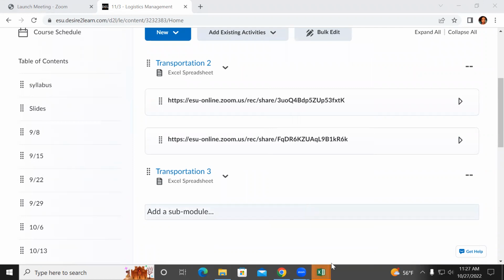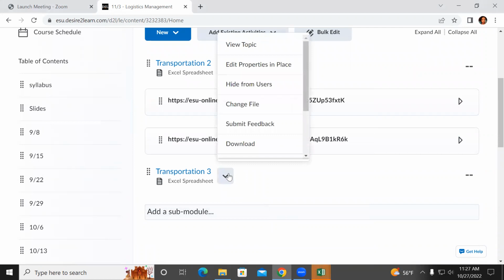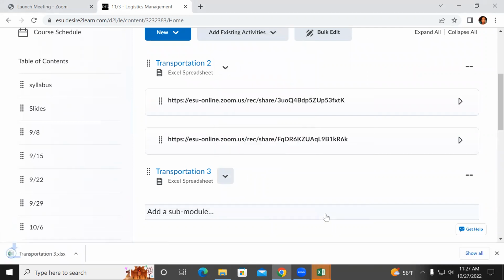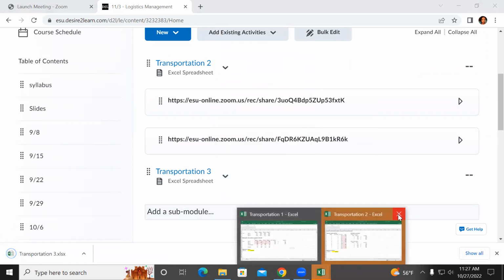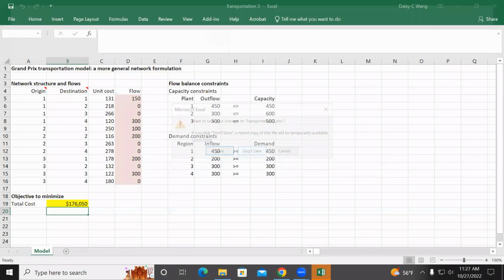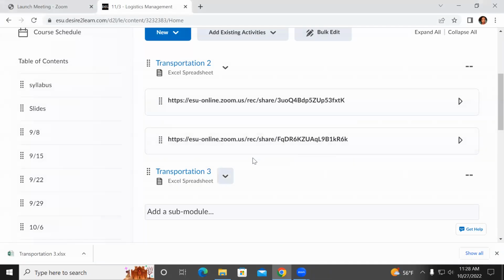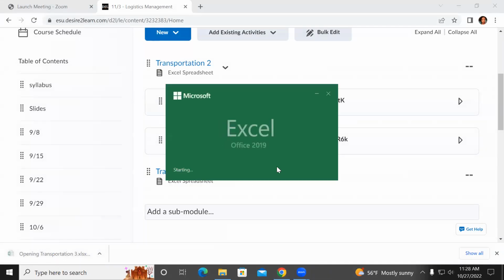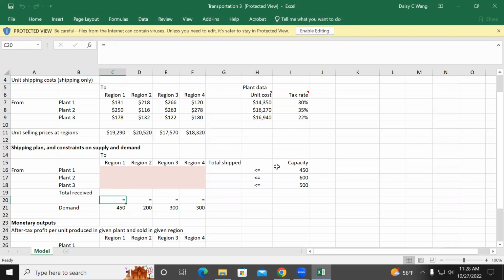So transportation 3 is optional. You don't have to do it, but I think it's very fun and useful. I don't know if you think it's fun, but transportation 3 is actually very similar to transportation 1.